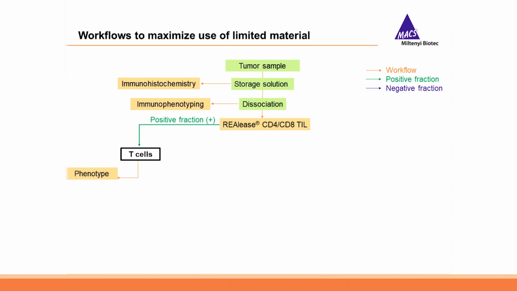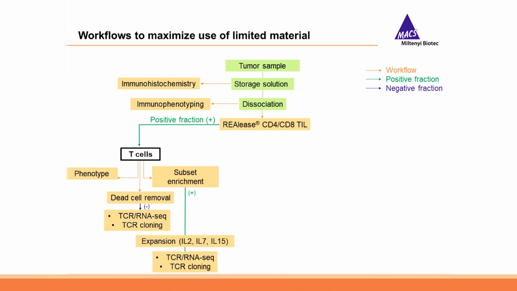The isolated T cells can then be used for phenotypical analysis, undergo further magnetic removal of dead cells in order to obtain cells with high viability, which is required for downstream applications such as single-cell immune profiling and RNA sequencing, or even be used, for example, for further magnetic subset enrichment, followed by in vitro expansion and further analysis. The negative fraction from the T-cell isolation can also be used.